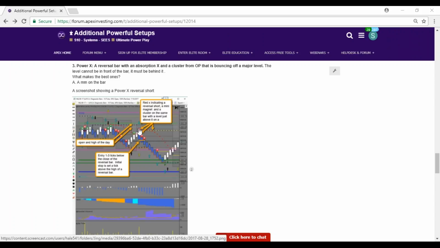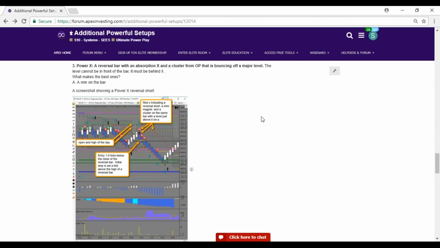So not the pattern X. All right, so we know what the X means. Let's take a look here. A power X is what? A reversal bar with an absorption X and a cluster that's bouncing off a major level.